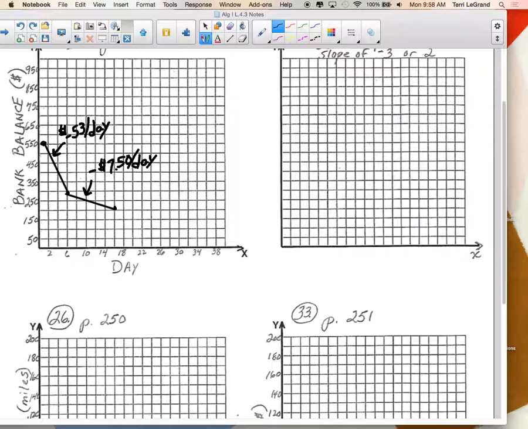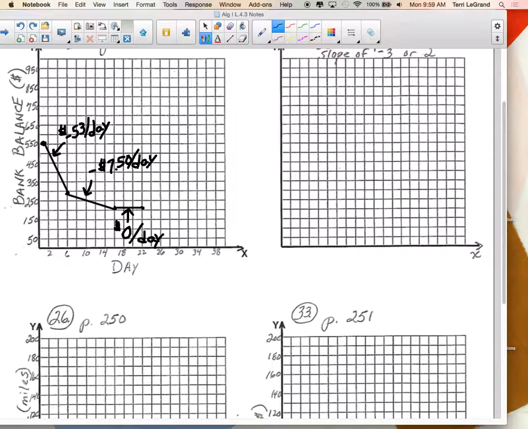So we're going to go to 22 and 210 and put a point and connect those two with a line segment. And label our rate of change. I'm going to go down below because it's getting kind of busy above there. $0 per day.